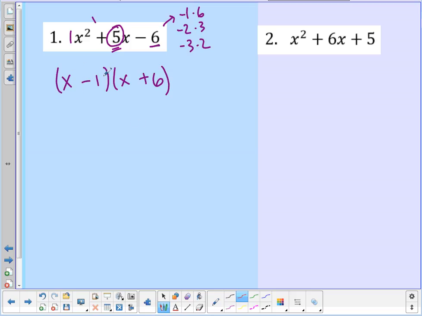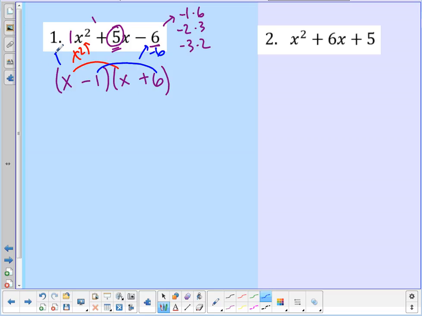If I re-FOIL this just quick in my head, here's my x squared. That's that first term that I'm thinking of, so that gives me the x squared for the first term. Then here's that negative 6. The last gives me the negative 6.